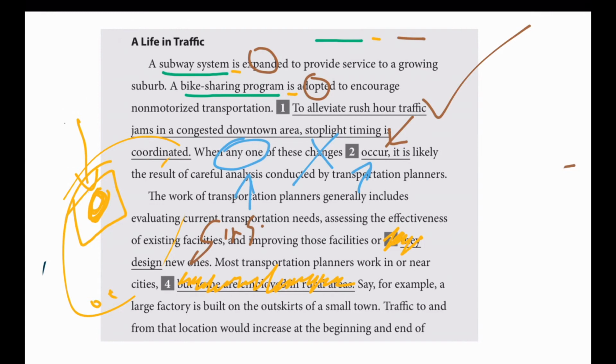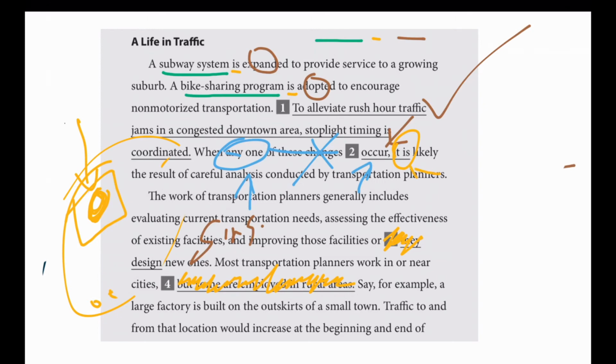When any one of those changes, there can be a million changes, but only one of them, when one of them occurs, so we can almost cross this out and say when one occurs. And now we can see the problem with it. And of course, this is correct, because if that is singular, you don't need to have they are.